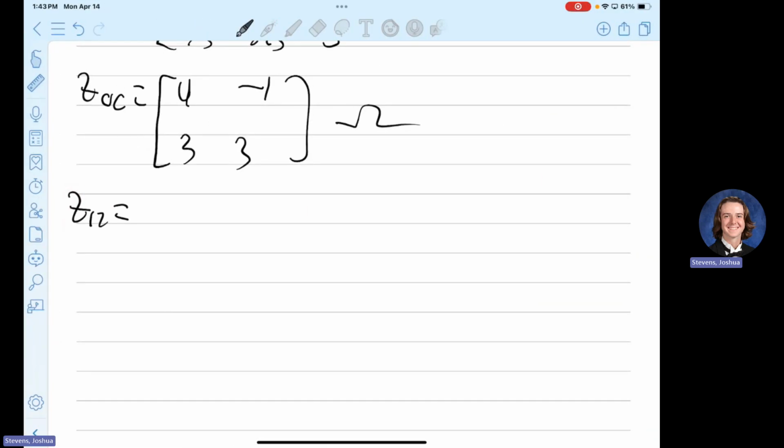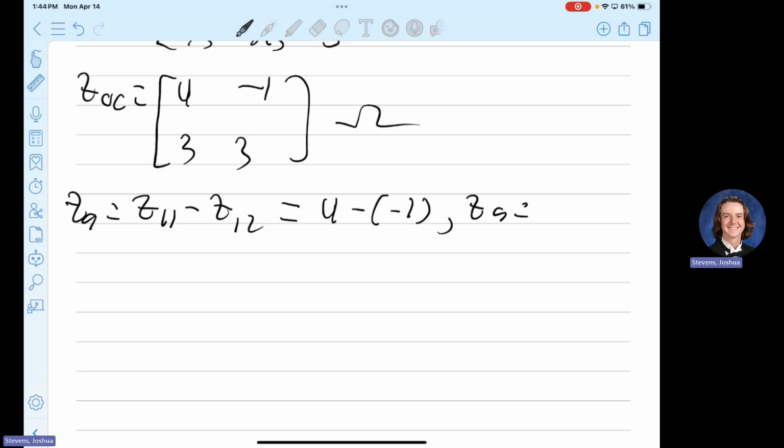ZA equals Z11 minus Z12, which equals 4 minus -1. ZA equals 5 ohms. ZB equals Z12, which then equals -1.